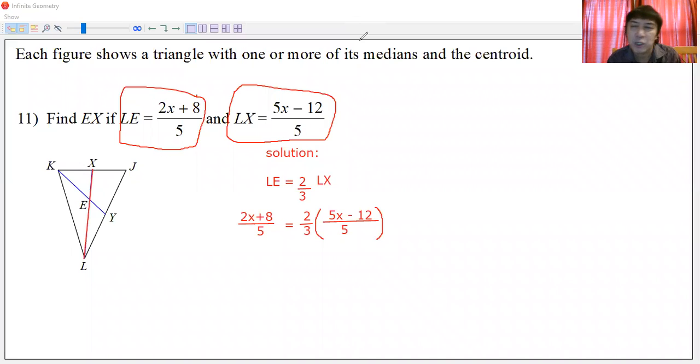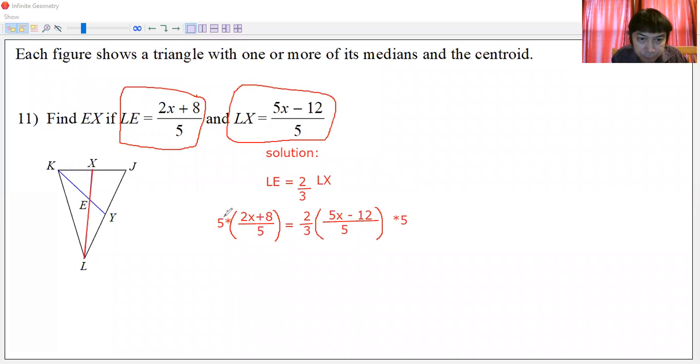Now we can simplify this by getting rid of the 5, so we can multiply both sides by 5. Let me put some additional parentheses here, because we're going to apply multiplication by 5. So we use here times 5, and we also have here times 5. Notice the 5s cancel out.